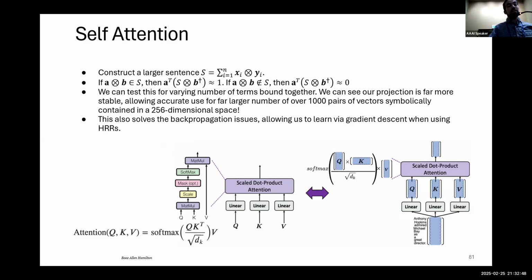Let's be weird again. Let's say you're interested in self-attention and LLMs, because self-attention is all the rage right now. Can we recast the logical explanation of how self-attention works using HRRs and then get better results or some benefit? And the answer so far is yes.